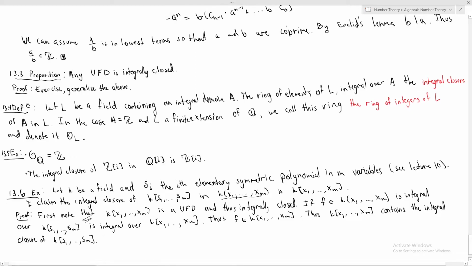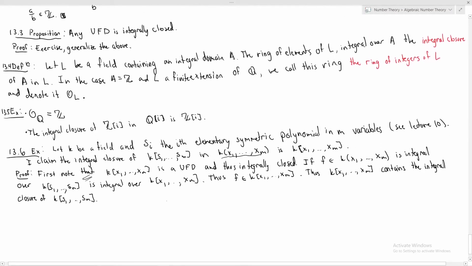Okay, to get the other direction, I need containment the other way, that every element here is integral over K adjoin s1 through sm.